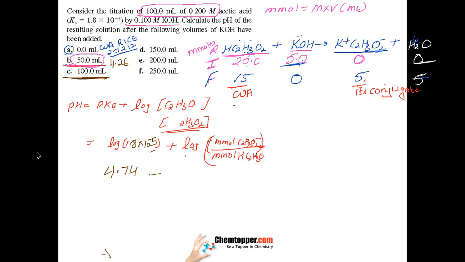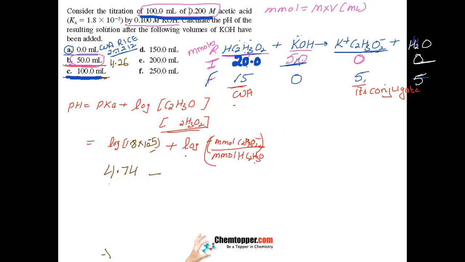So in the C part, how much acetic acid? Still the same, the one which is there. So it's still 20. No change. How much KOH? Millimoles of KOH in the C part. Start helping me. You have added 100 ml.